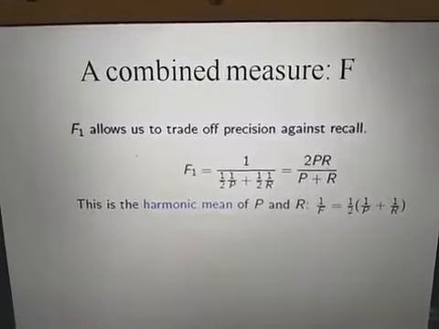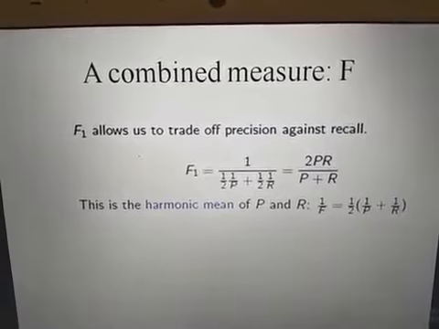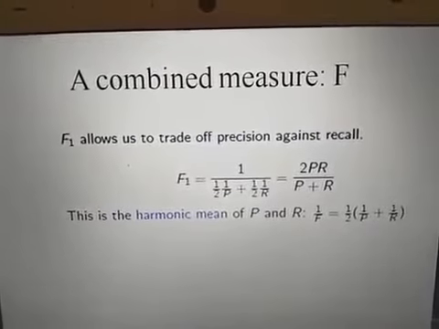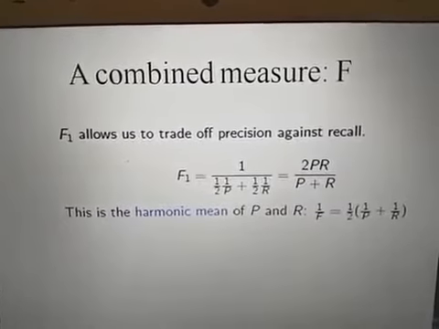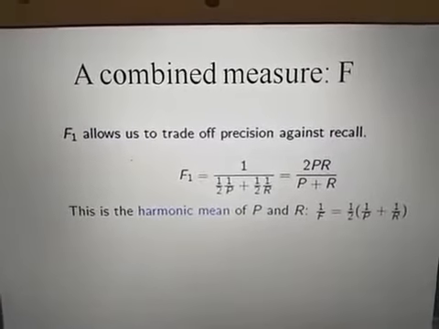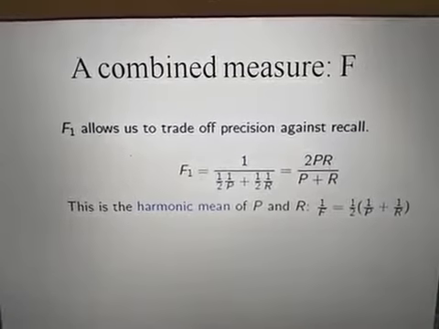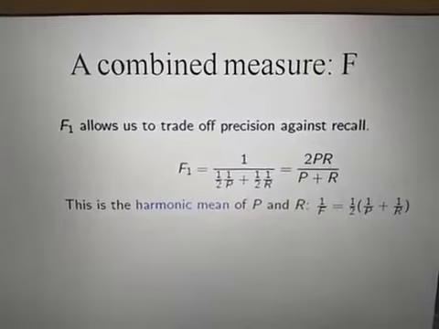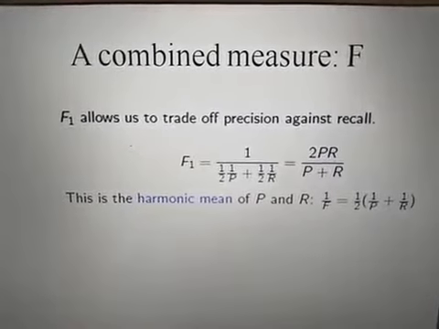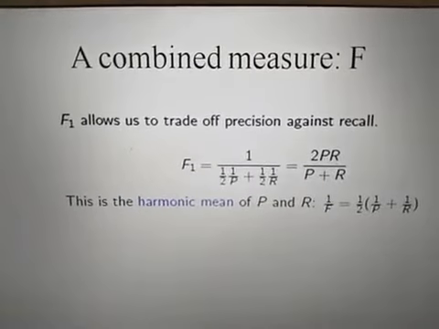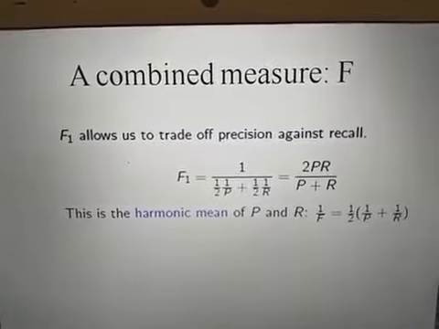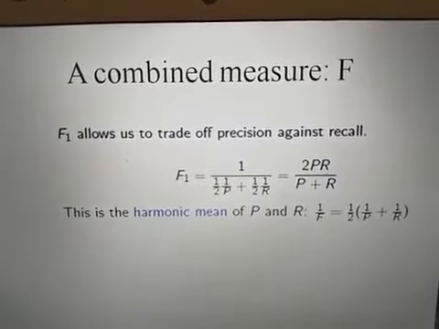Precision and recall alone do not provide a meaningful result, so instead of taking P and R separately, we take a combined measure called F, which is the harmonic mean of P and R. That is F equals 1 by (half of 1 by P plus half of 1 by R), which after simplifying equals 2PR by P plus R. This is the harmonic mean of P and R. We can use this measure instead of P and R to measure the result in a classification problem.